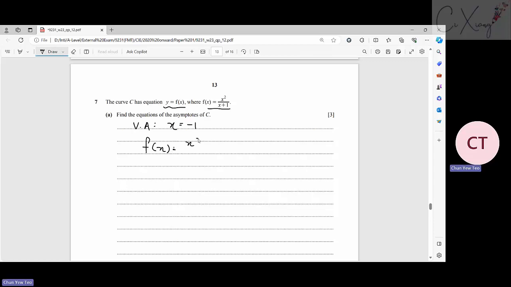So for x squared over x plus 1, I will make it become x plus 1 minus x, then I continue to do so, minus x plus 1 plus 1.